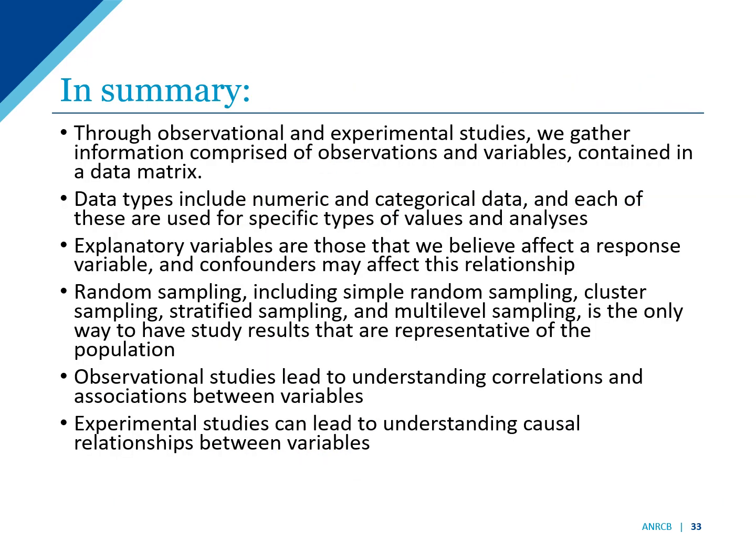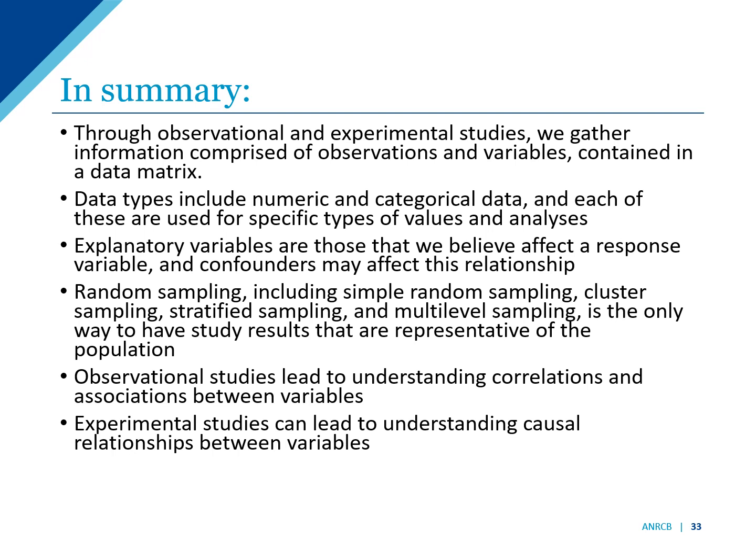In summary, through observational and experimental studies, we gather information comprised of observations and variables contained in a data matrix. Data types include numeric and categorical data, and each of these are used for specific types of values and analyses. Explanatory variables are those that we believe affect a response variable, and confounders may affect this relationship.